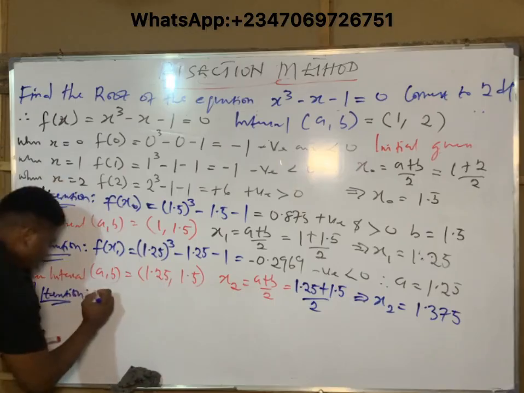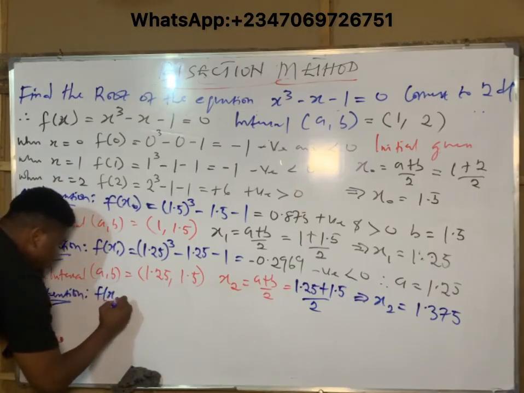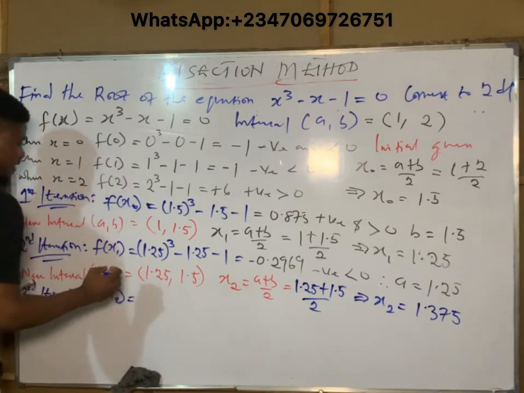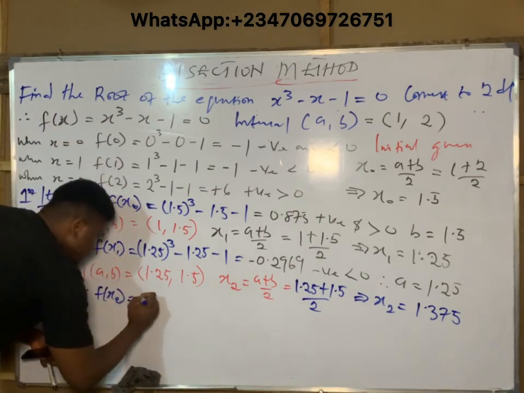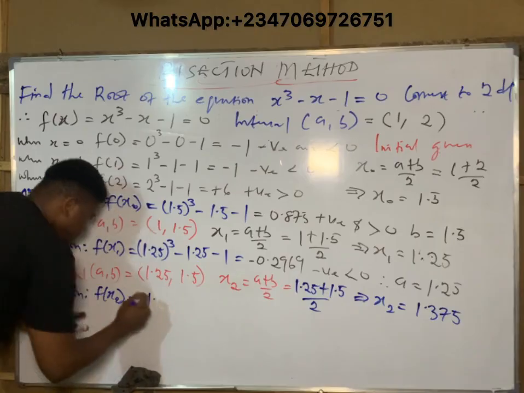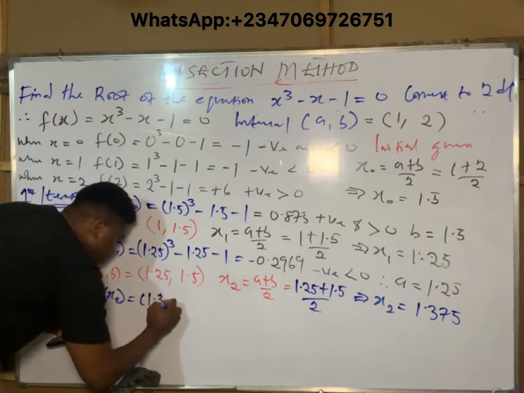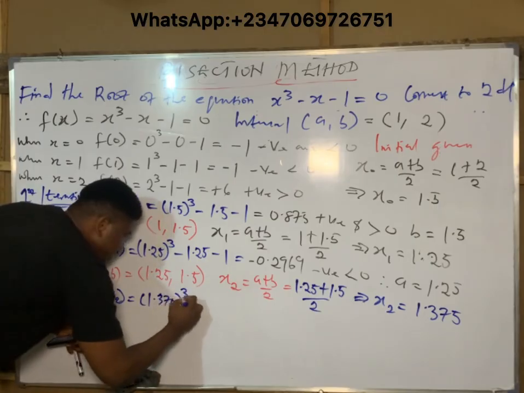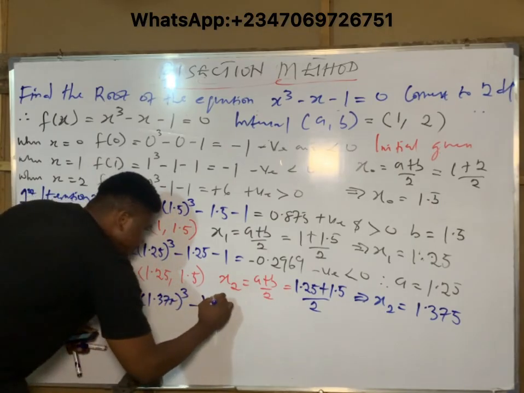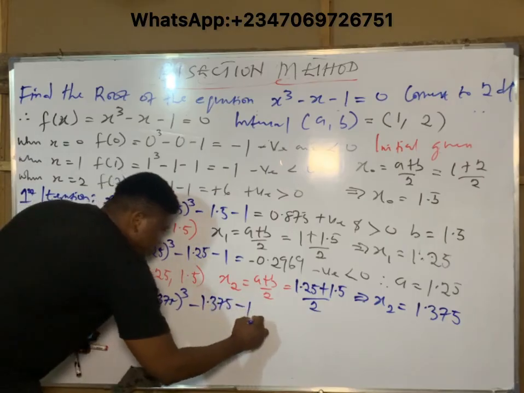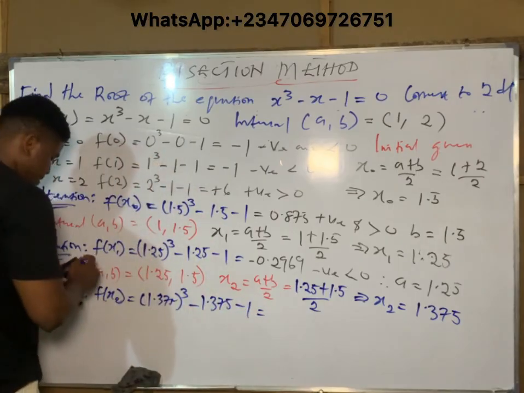Okay, so that becomes now f of x2. So we simply plug in the value of x2 into the function. Once again, I have x cubed, which is 1.375 to the power of 3 minus 1.375 minus 1. Let's check this out and see what we obtain.